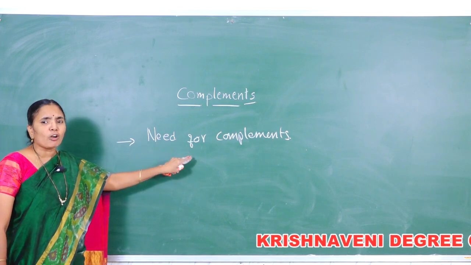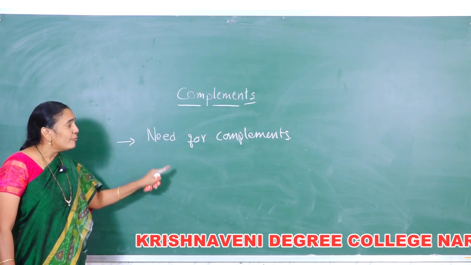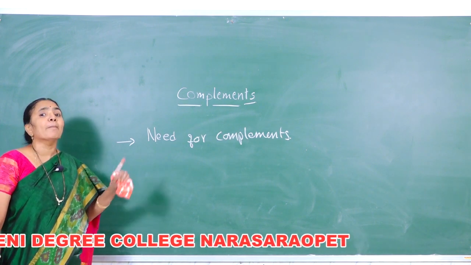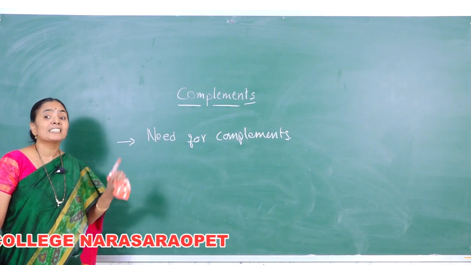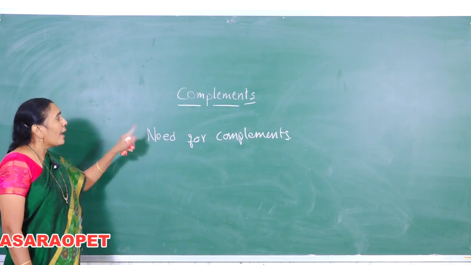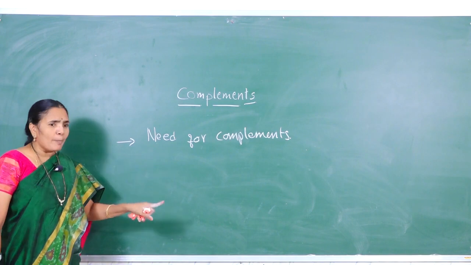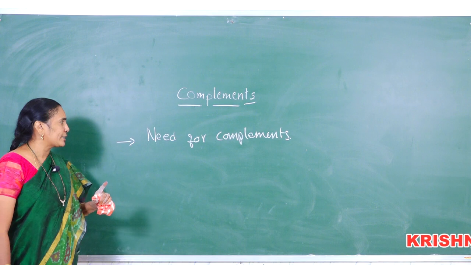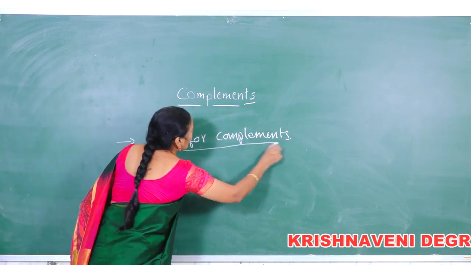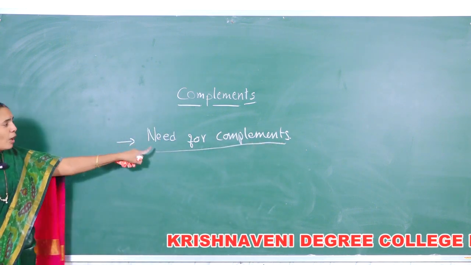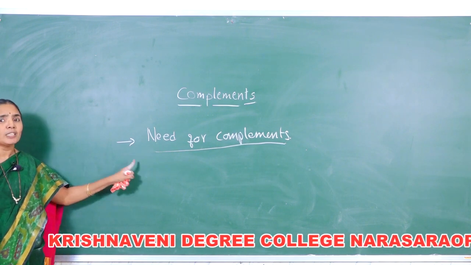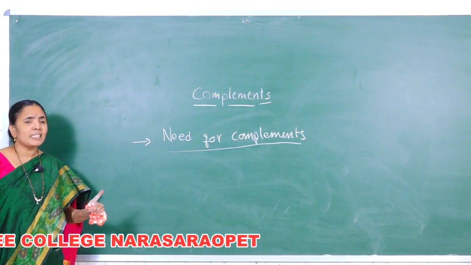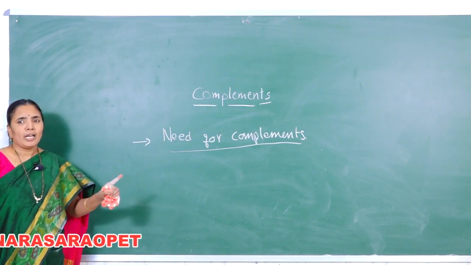In order to reduce the cost of the digital system, we try to provide all the arithmetic operations using a single circuit, that is the addition circuit. By using the complement method, you can do the subtraction using the adder circuit. So, this is the need for complement. Complements are used to reduce the cost of the digital circuit by performing subtraction through addition.